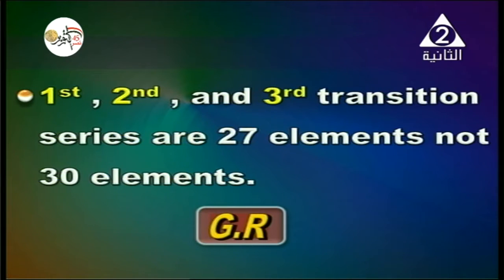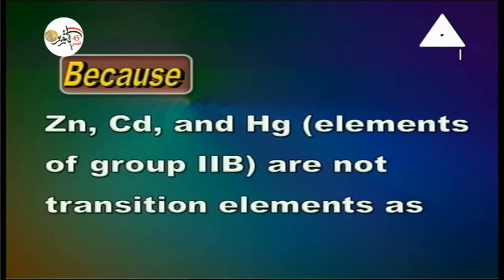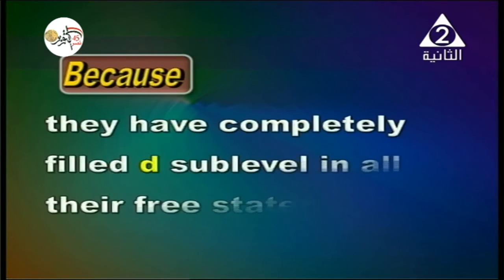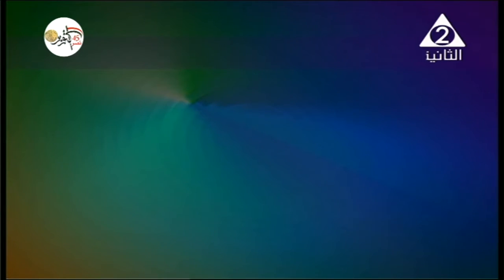The reason for this statement is that zinc, cadmium, and mercury, elements of group 2B, are not transition elements, as they have a completely filled d sublevel in all their free states. In the free states, zinc has electronic configuration argon 18, 4s2 3d10; cadmium, krypton 36, 5s2 4d10; mercury, xenon 54, 6s2 4f14 5d10.